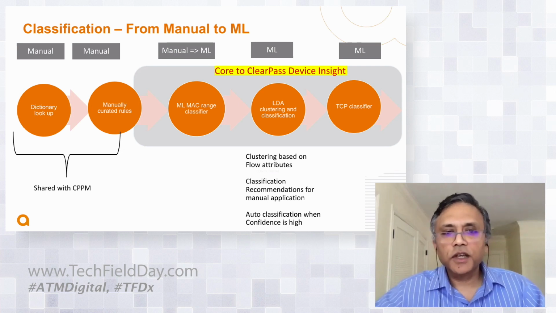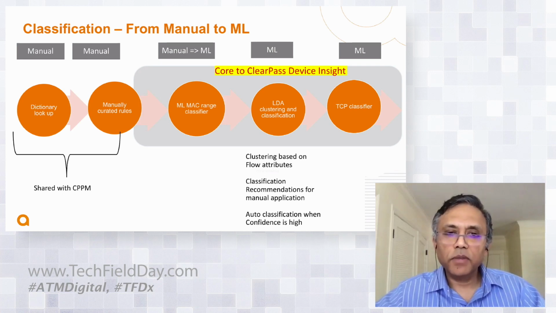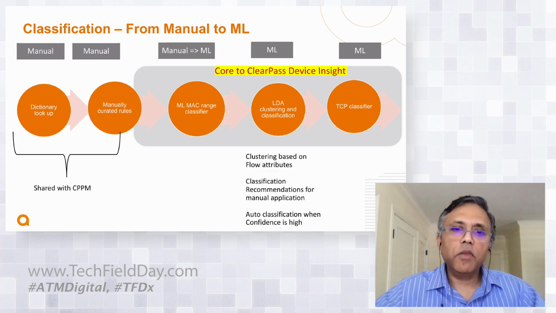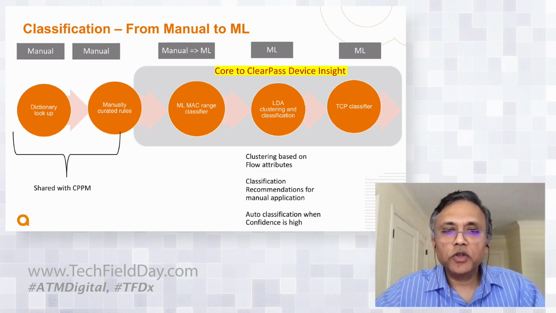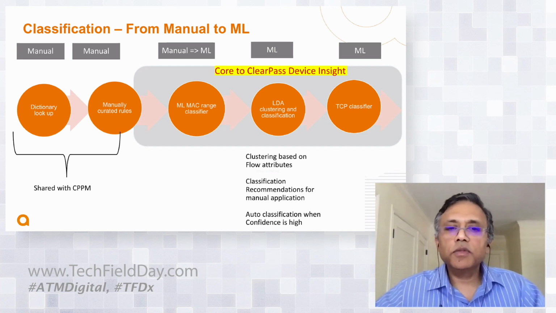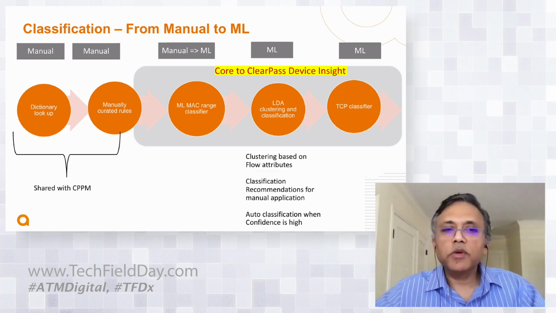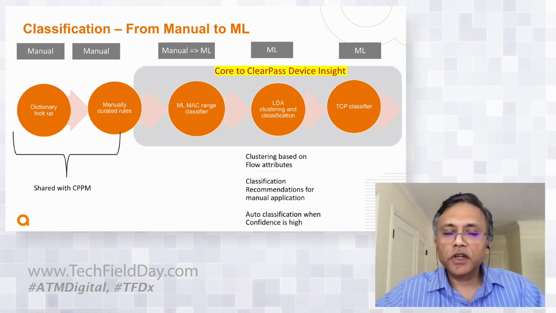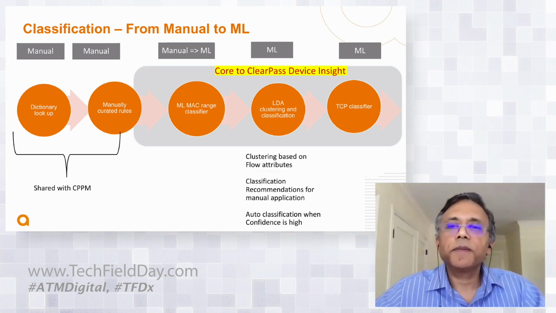And what this does is, by virtue of seeing the MAC address across all devices in our current tenants, we can apply a Gaussian process to map and model the distribution of these MAC ranges so that when a new device shows up with a MAC address that we have never seen before, we can easily look up one of these ranges and tell you what type of device it is. So it's really a machine learning model that's based on observing real MAC addresses over time.